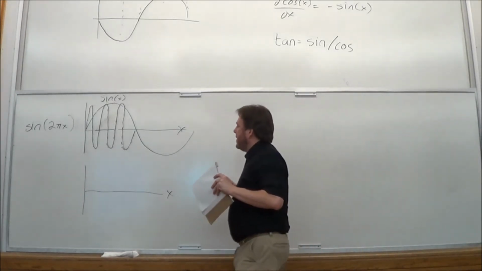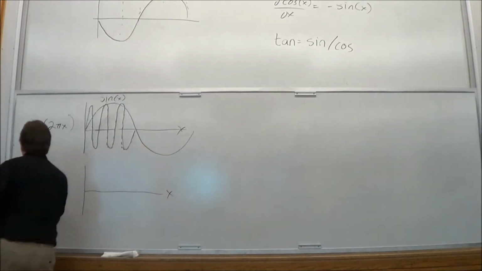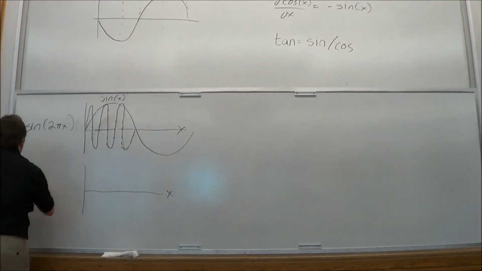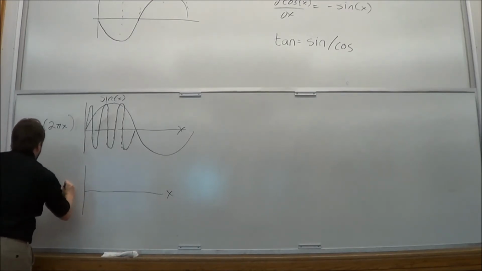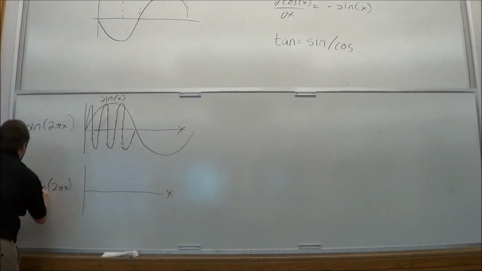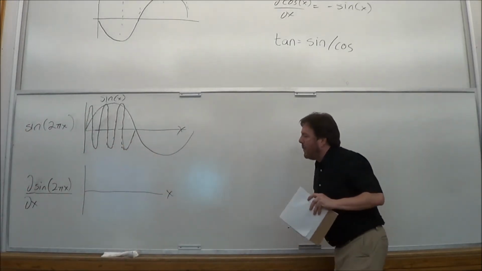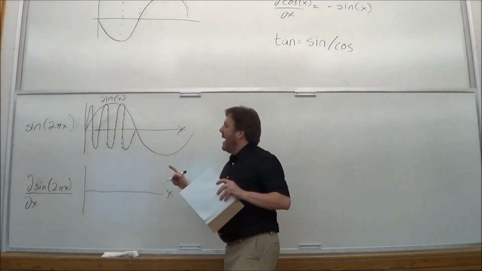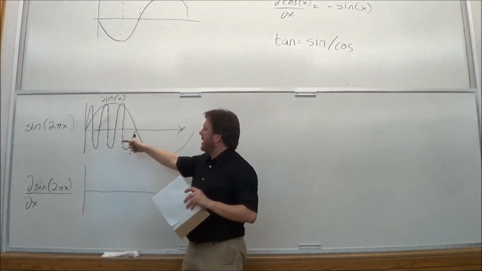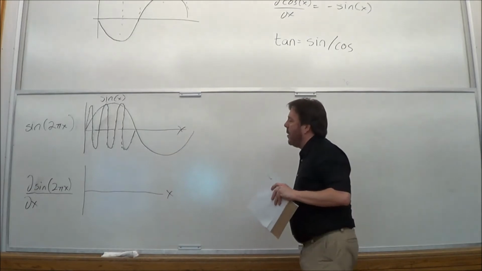So the derivative of sine 2 pi x, and of course this will be anything times x, so I'll call that kx. The periodicity of the derivative has the periodicity of the function. I can see that just because it's still going up and down.